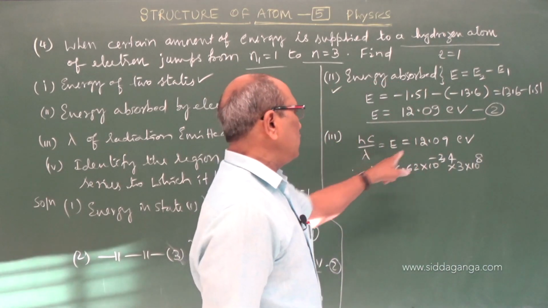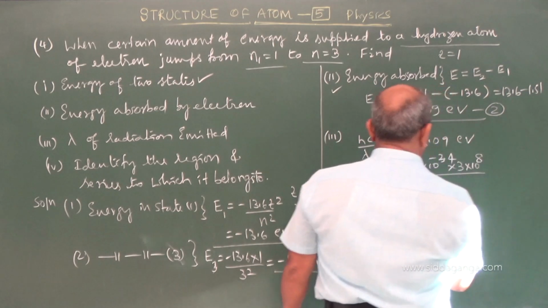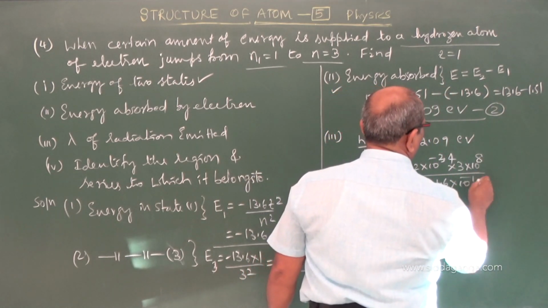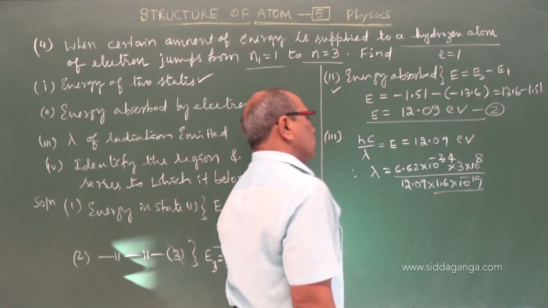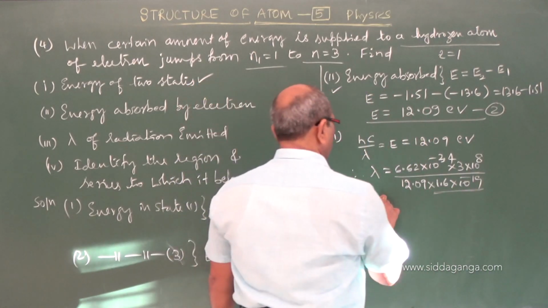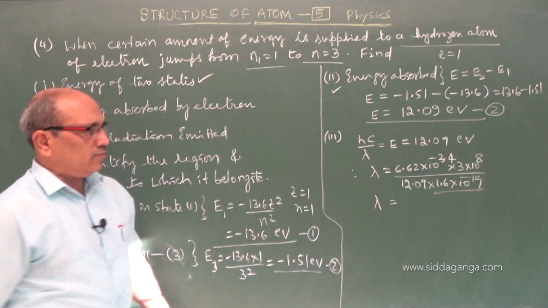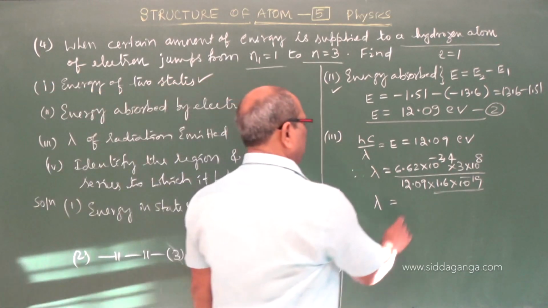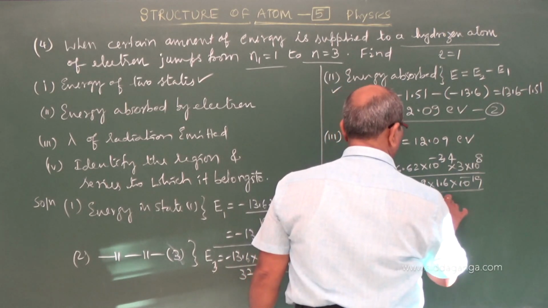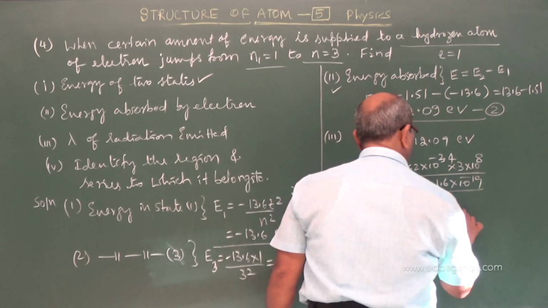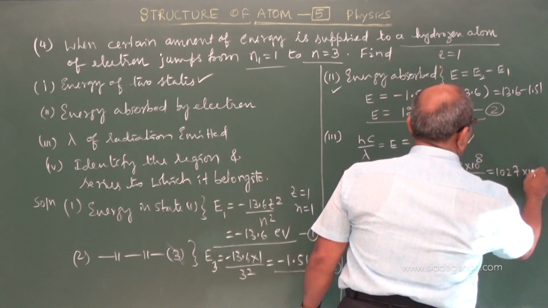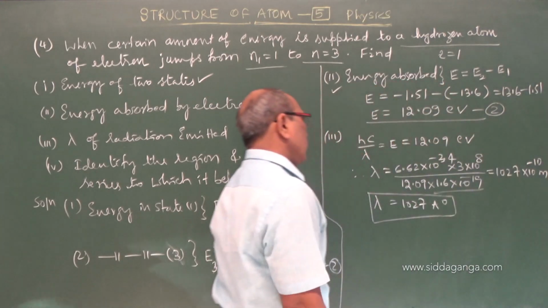You get this, the denominator comes 12.09 into, convert this into joules. This is converting eV to joules. Substituting this, you will get the answer, which comes to around 1027 angstrom. It is 1027 into 10 power minus 10 meter.